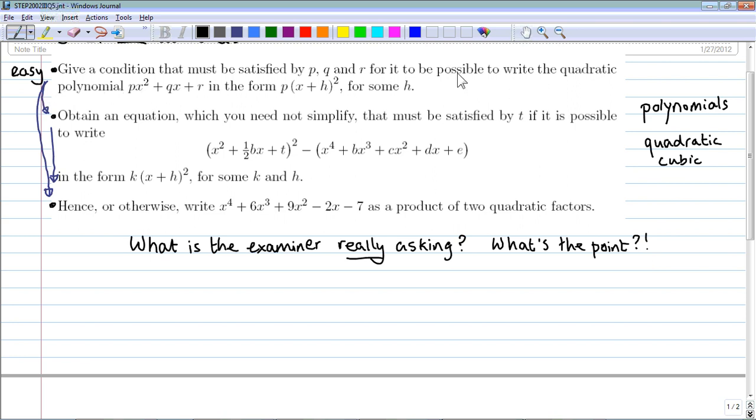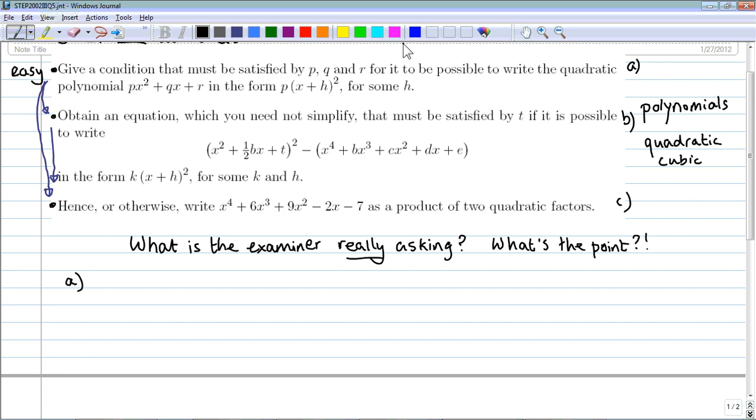Let's call the parts A, B, and C, even though they're not marked as A, B, and C on the exam. But anyway, so part A, I'm going to find a condition satisfied by variables P, Q, and R. And notice, by the way, that they don't say anything about P, Q, and R. In many cases in maths questions, we have to be very specific about the type of number we're dealing with, but here they don't say that, so okay, that's clear.